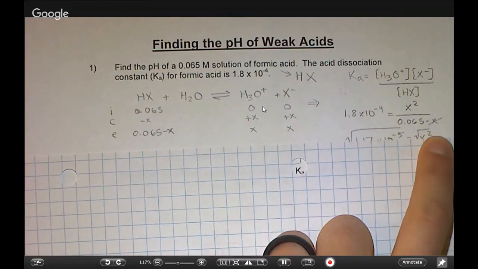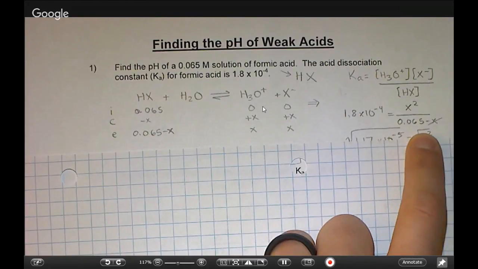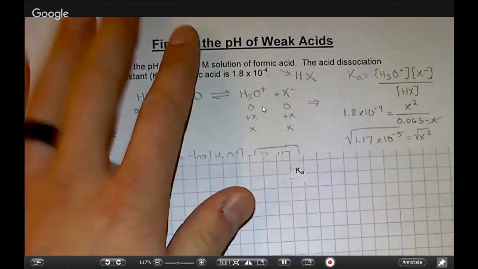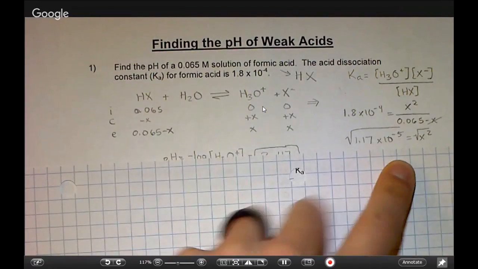Now we're assuming that the value of X is going to be much, much smaller than the concentration of HX that we start with, so we can effectively cross it out, and that simplifies our math. So we multiply both sides by 0.065, which gets us 1.17 times 10 to the minus 5 equal to X squared.